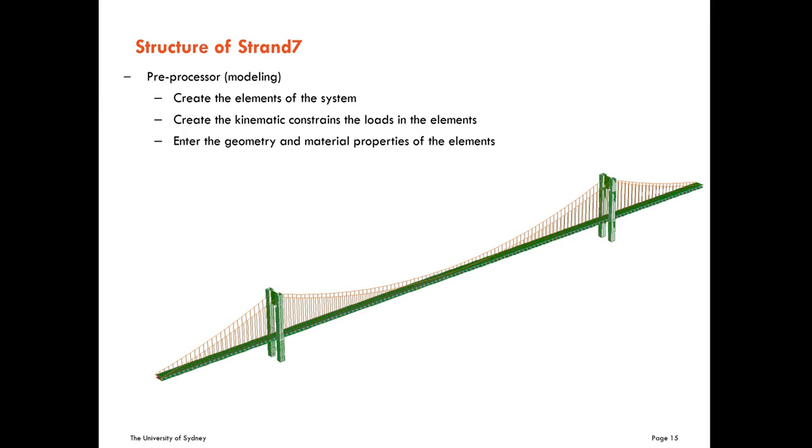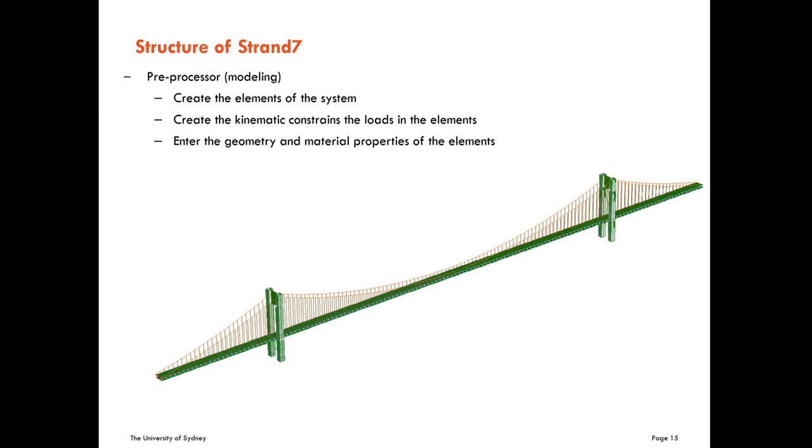If the elements are beam2, you have to enter the geometry of the cross sections of all the beam2 elements. Then for each element you have to enter the material properties. If the material is steel, concrete, timber, then you have to find the material properties of these materials like Young's modulus, Poisson's ratio, etc. This is the preprocessor step.